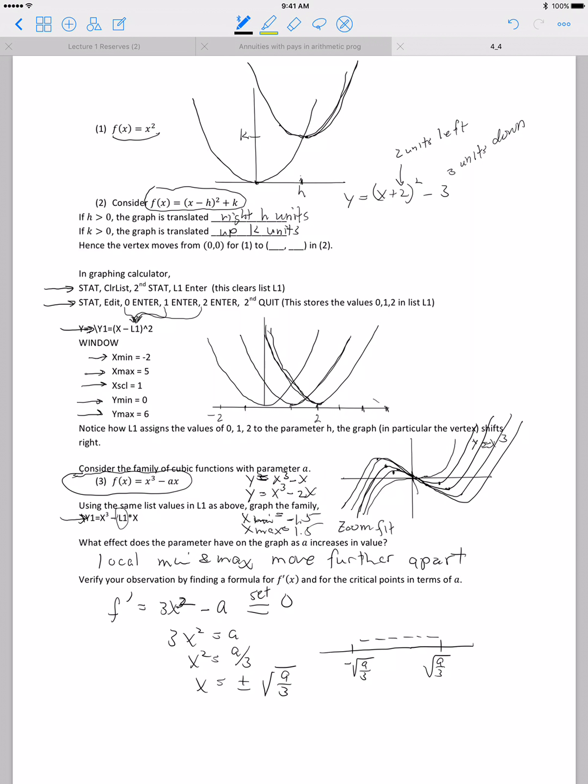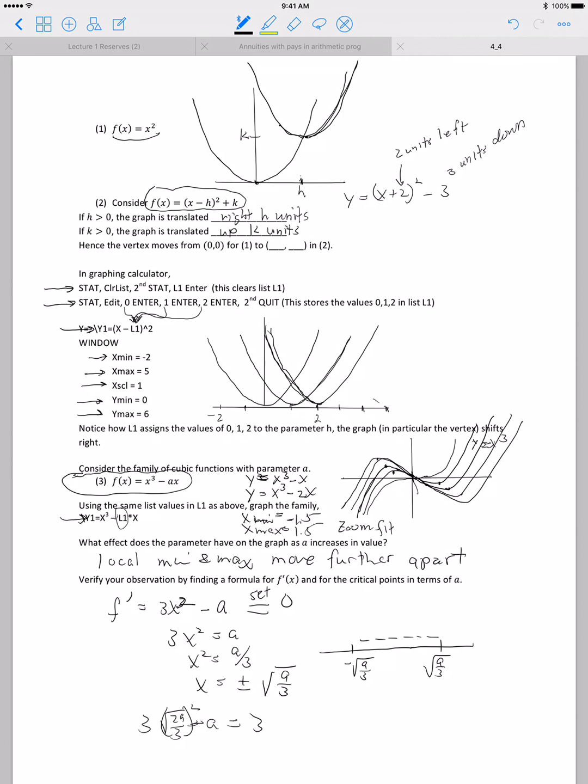If you choose a value greater than the square root of a over 3, maybe the square root of 2a over 3, then I have 3 times the square root of 2a over 3, squared, minus a.